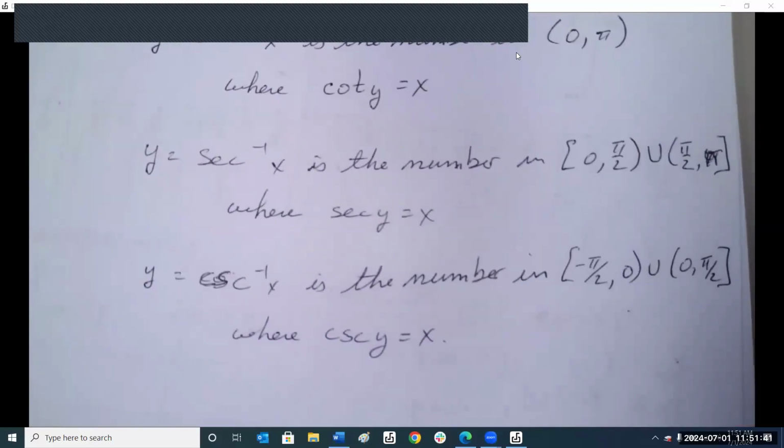So what does all this stuff mean? The inverse of cosecant x is the number within that interval where cosecant y is equal to x. What does that mean?